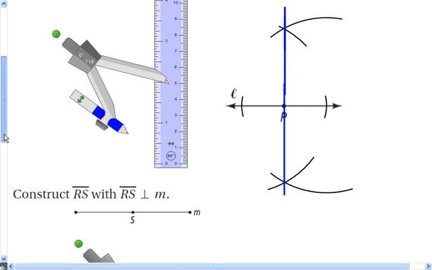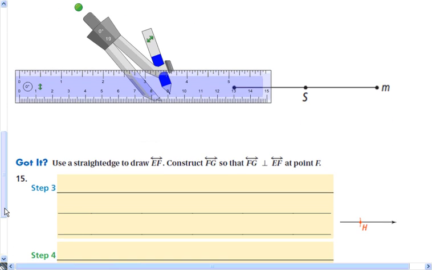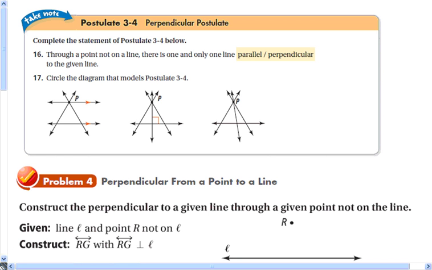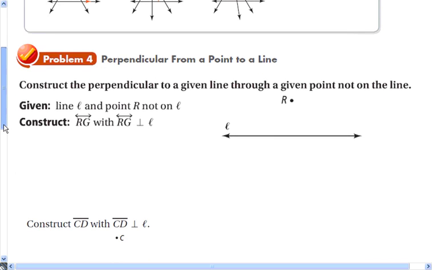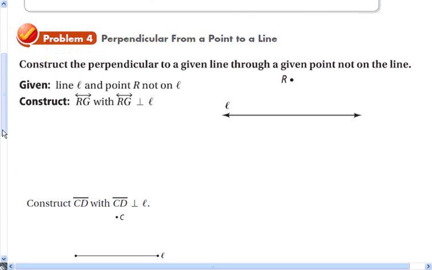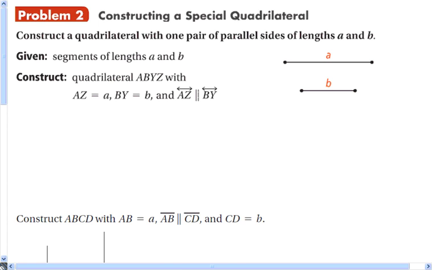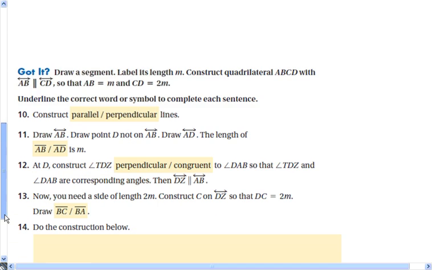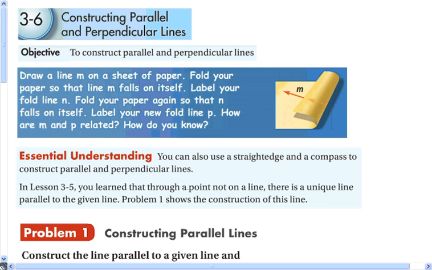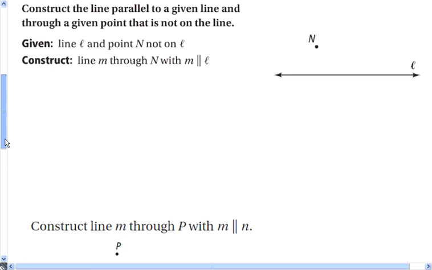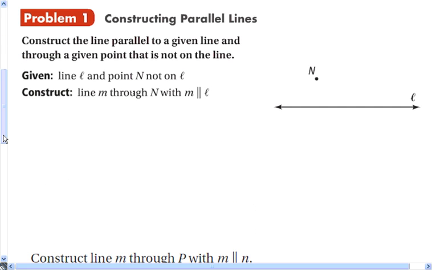All right. The next problem I'm going to do is I'm going to construct a line parallel right here. Let's do problem number 1.